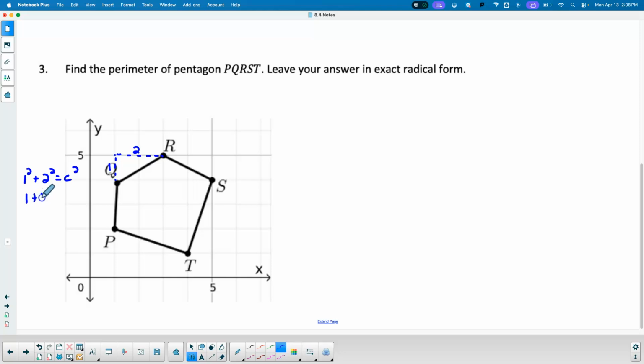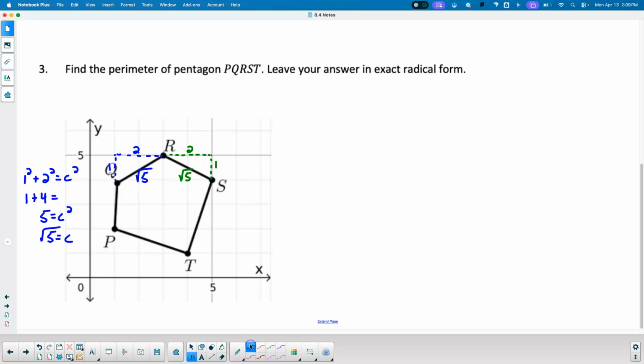So that's 1 plus 4. So that's 5 is c squared. So that's going to be the square root of 5. Agree with me that QR is the square root of 5. Okay. Then we go to RS. That also is a triangle with a side length of 2 and a side length of 1. So that's going to be the same math. So that one's going to be the square root of 5 also.